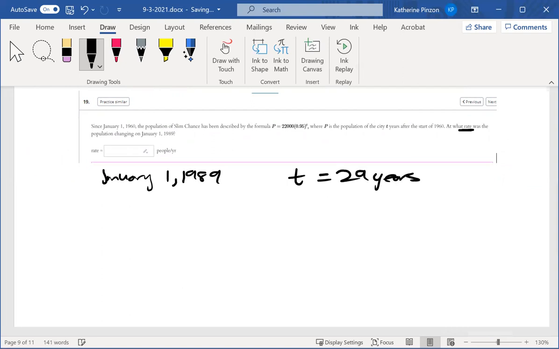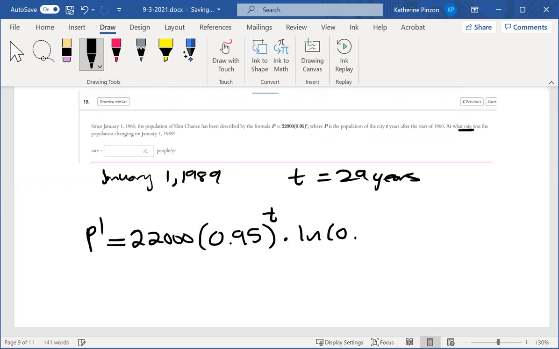So rate tells me take the derivative. How do you take the derivative of this guy? The constant stays there. What's the derivative of 0.95 to the T? 0.95 to the T times ln of 0.95. Yeah. So this is the rate.